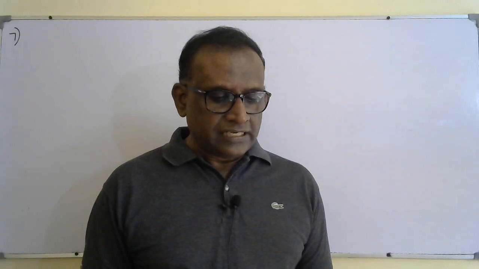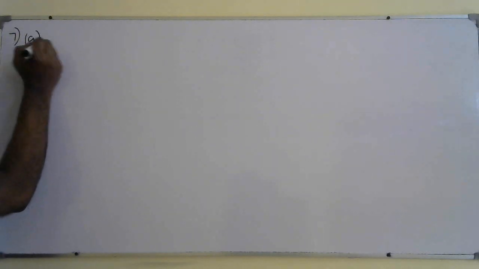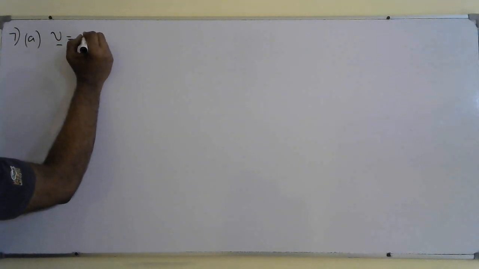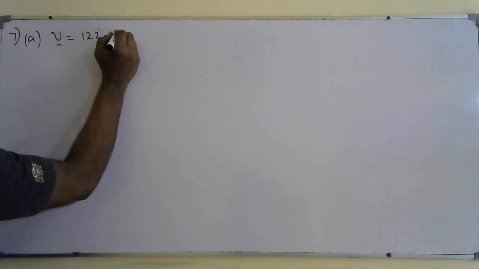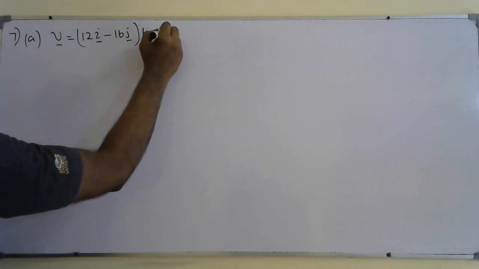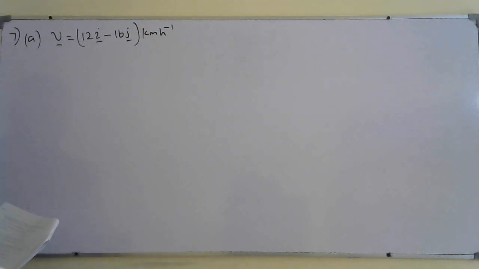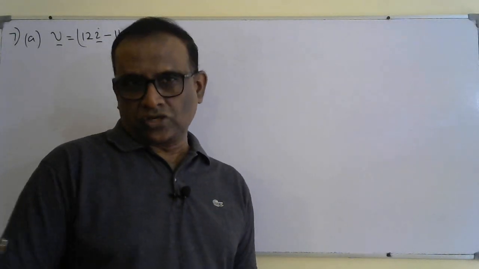The ship travels with a constant velocity. So the velocity vector is given as 12i minus 16j kilometer per hour. A part, find the speed. So speed means modulus or magnitude of the velocity.